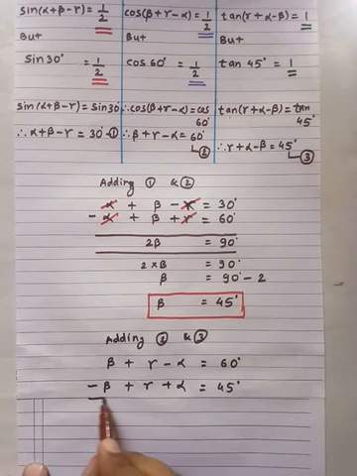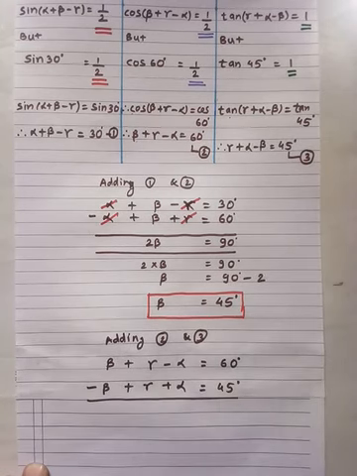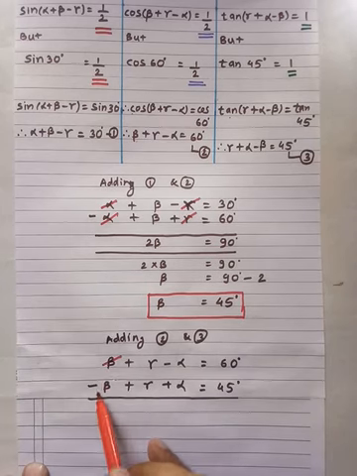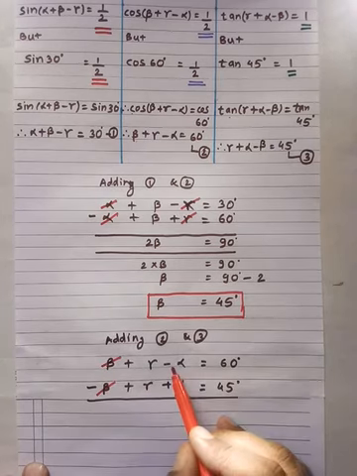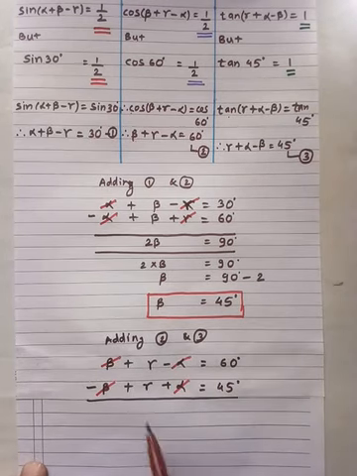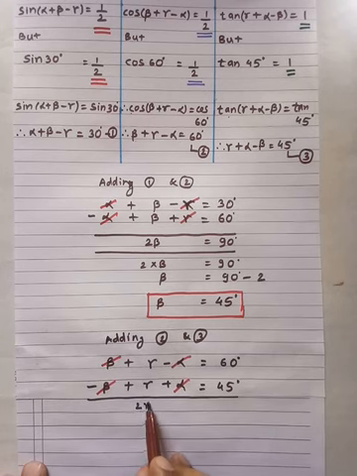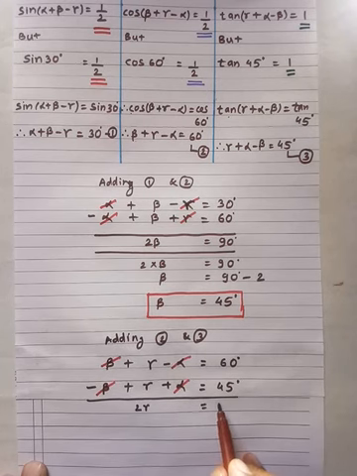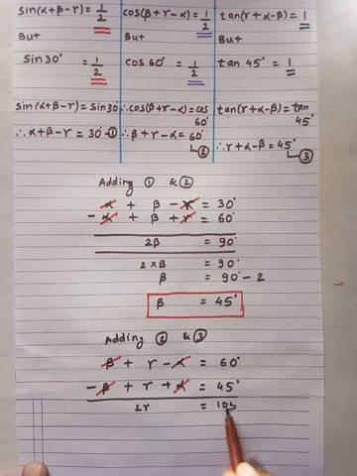Then do the simple addition. What is the simple addition? Here negative beta and positive beta cancel, negative alpha and positive alpha cancel. 1 gamma plus 1 gamma is 2 gamma, equals 60 plus 45, that is 105 degrees.